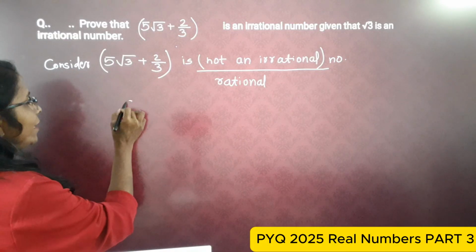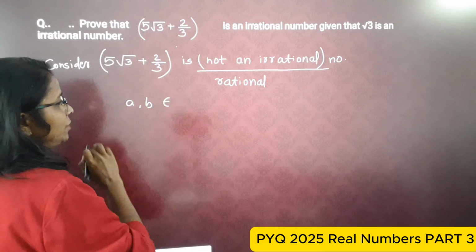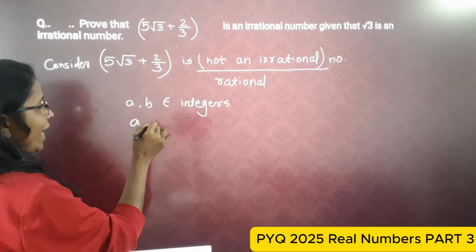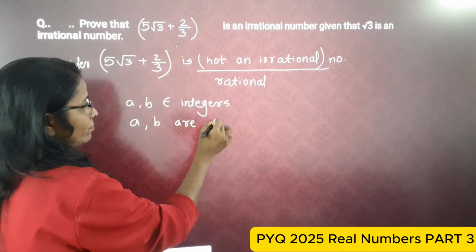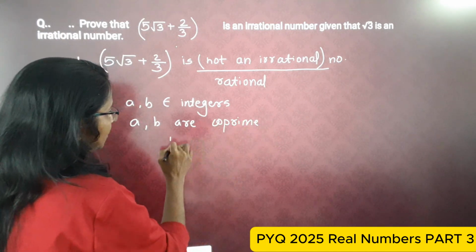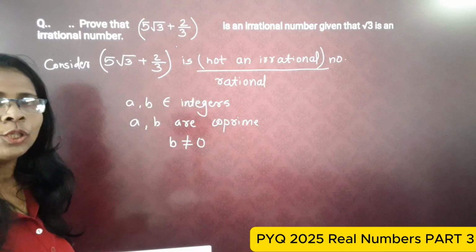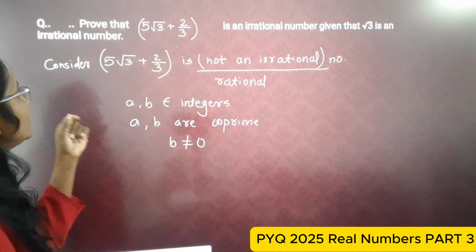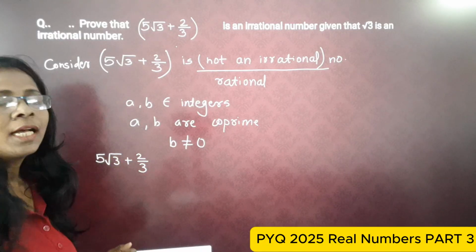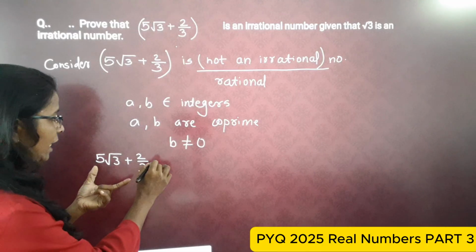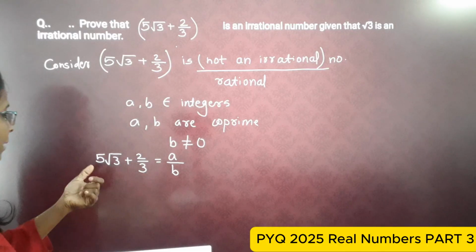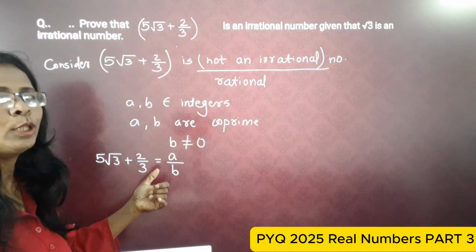Then there are two integers a and b, where a and b are co-prime integers and the condition is that b is not equal to 0. If 5 root 3 plus 2 upon 3 is a rational number, it can be represented in a upon b form. So we write 5 root 3 plus 2 upon 3 is equal to a upon b.